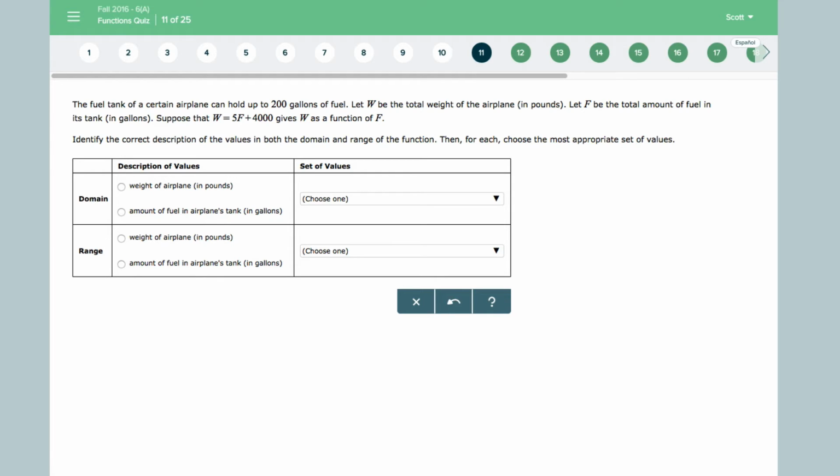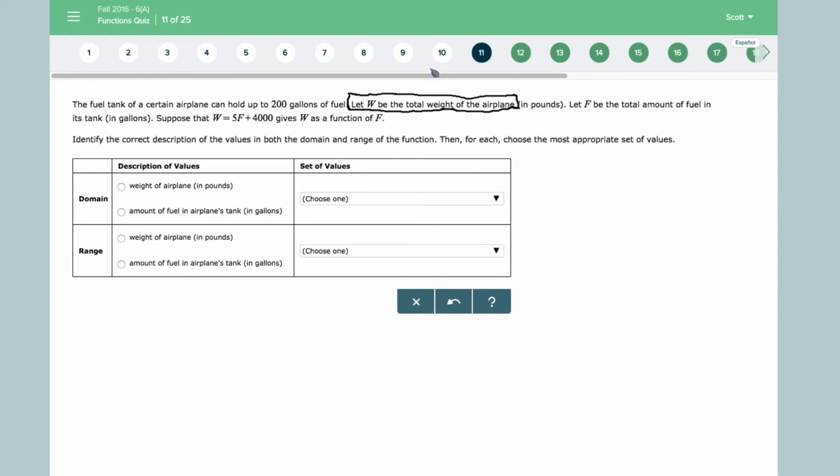All right, on this one, we're given an equation. We've got a whole bunch of information here. The fuel tank of an airplane can hold 200 gallons of fuel. Let W, this is important, let W be the total weight of the airplane.